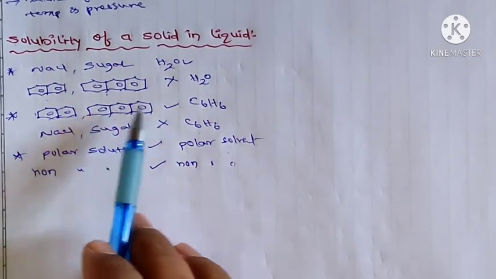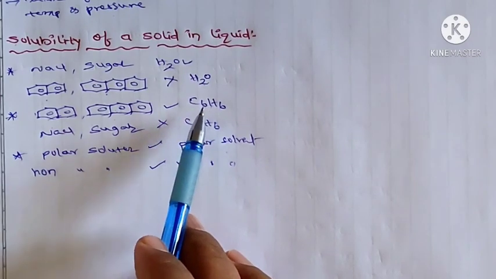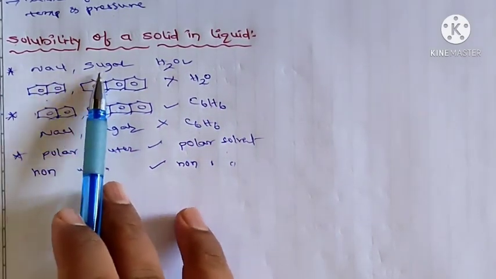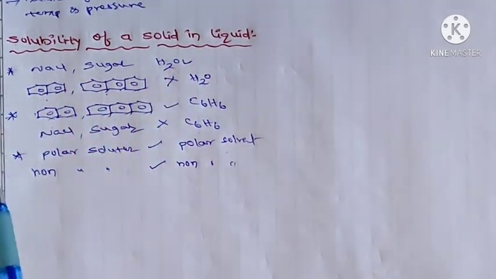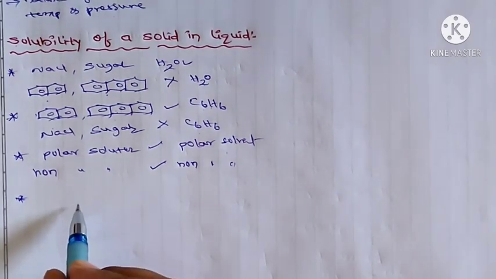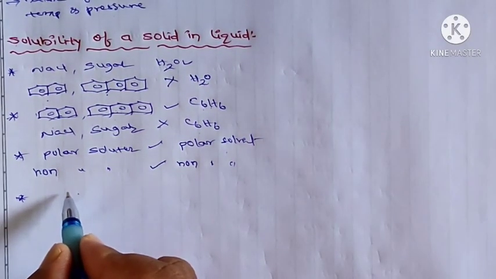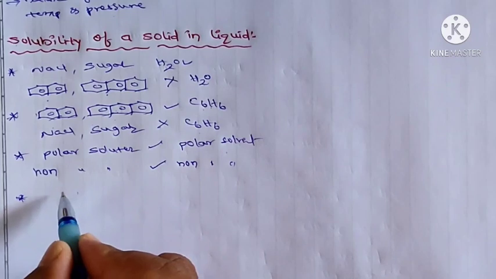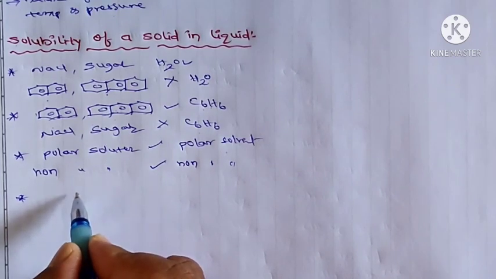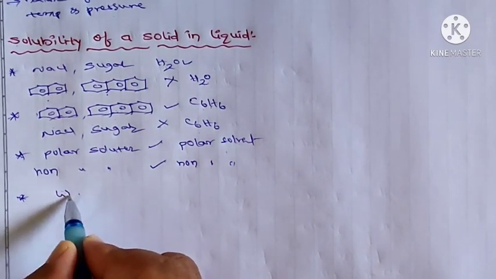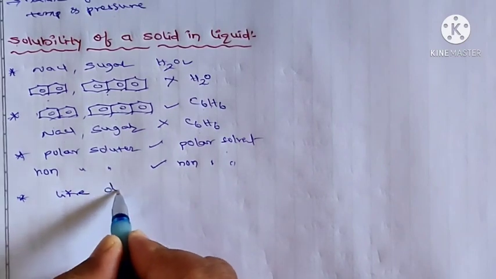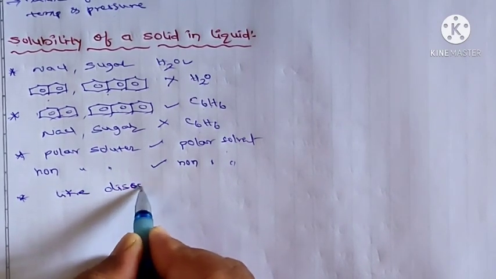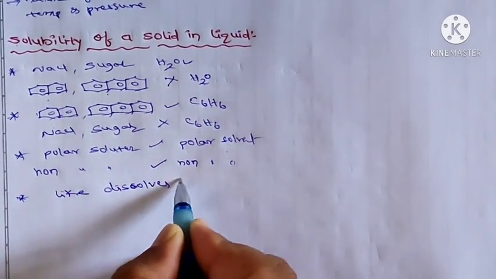So non-polar solutes dissolve in non-polar solvents, and polar solutes dissolve in polar solvents. So if chemical interactions are similar in both solute and solvent, it is called like dissolves like.